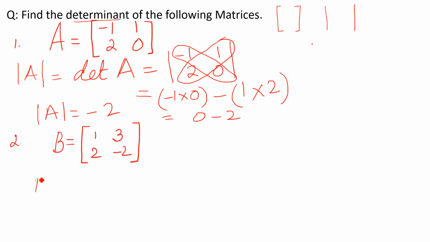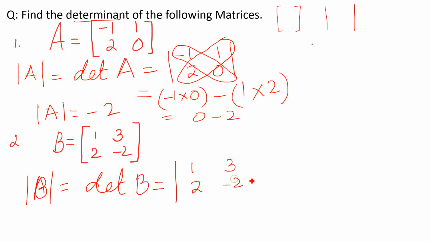This question, determinant of B, this is B. Whatever the letter, suppose it is X, Y, Z, S, T, we will use the same letter. So the determinant of B is equal to, first we write these elements in the form of a determinant between two straight lines, and then you cross multiply. 1 multiplied by -2 is -2.